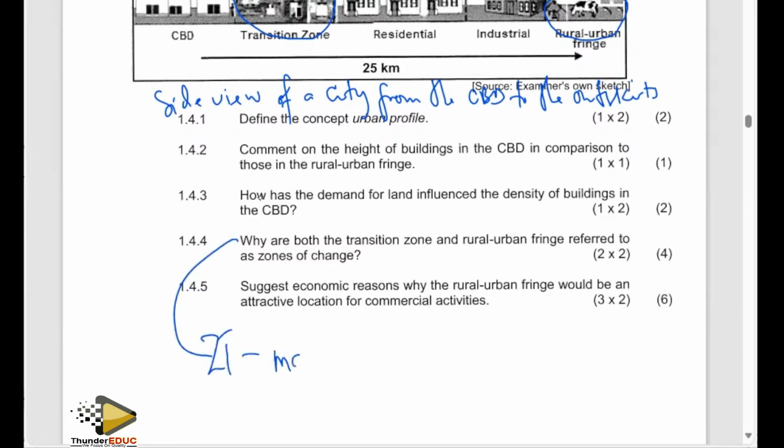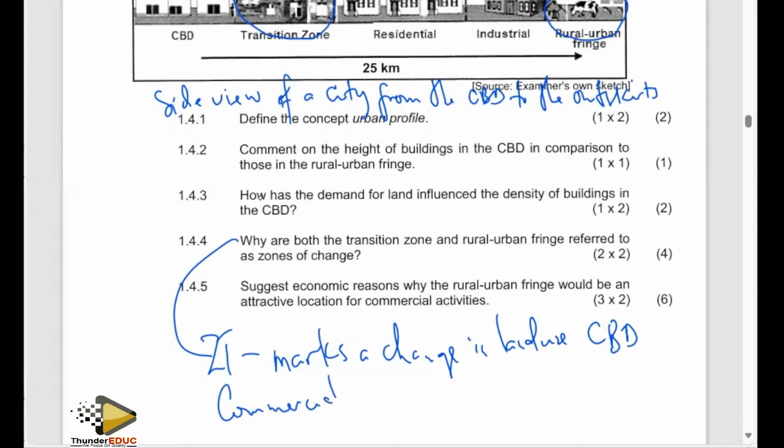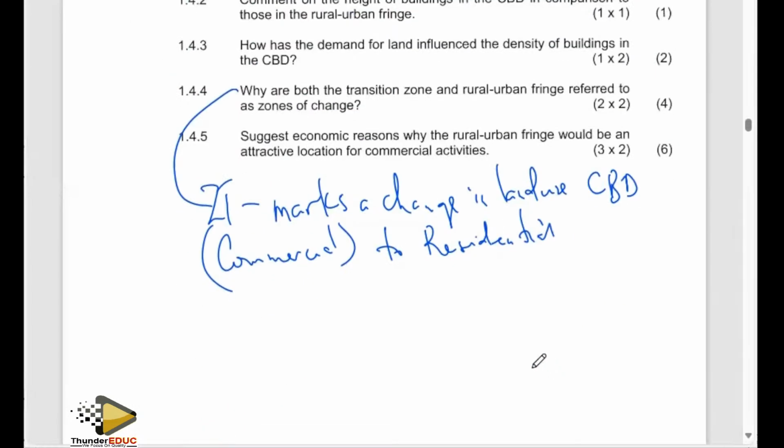From CBD, which is commercial, land use there is for commercial purposes, and it's changing to residential. This is now the housing of residents. So it's a zone of change because it's in between the commercial land use zone and also bordering with the residential area. So it is marking a change in the land use zone.